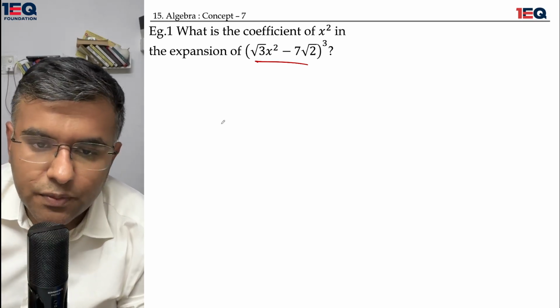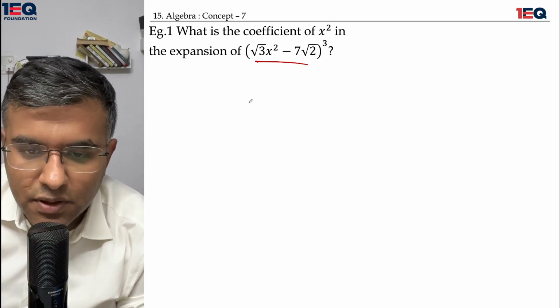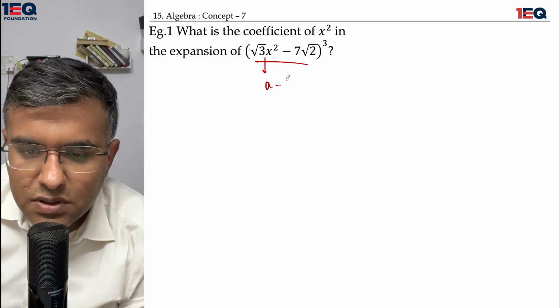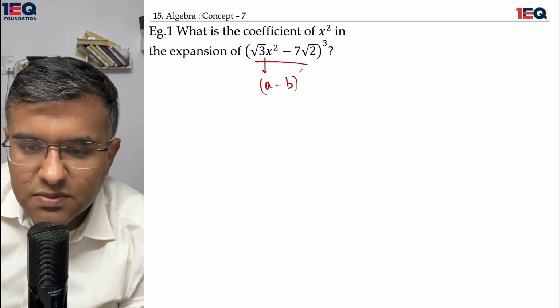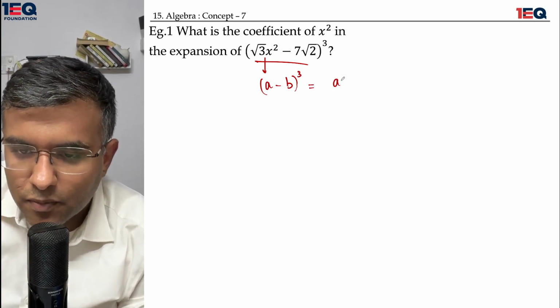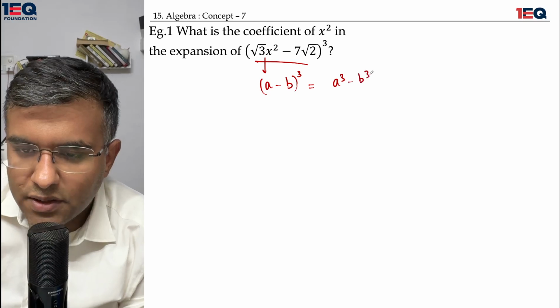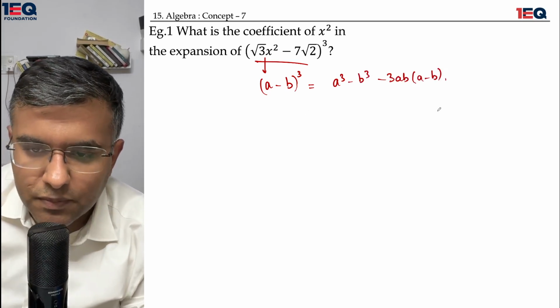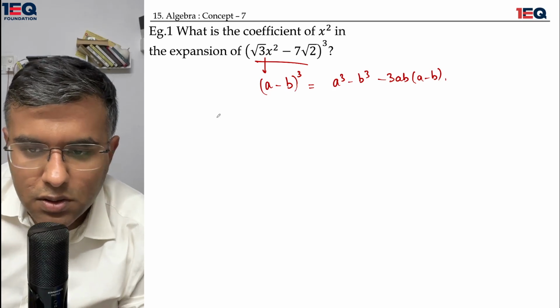I don't believe so, so I'll quickly solve it. The formula that I'm going to use is a minus b whole cube, which is a cube minus b cube minus 3ab in the bracket a minus b. Okay, so here we go.